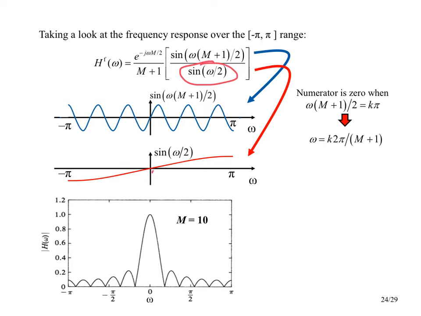In that case, the denominator, x, is a straight line. But in our case here, we have a sine function, and it's close to being a straight line, but not quite. So this thing looks sort of like a sinc function. It has behavior similar to a sinc function, as we see in a plot here for m equal to 10, but it's not exactly like a sinc function.